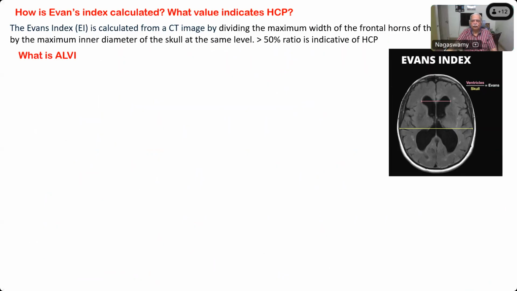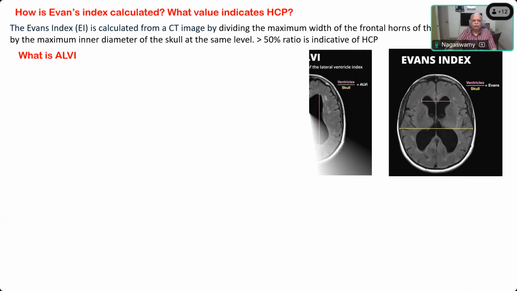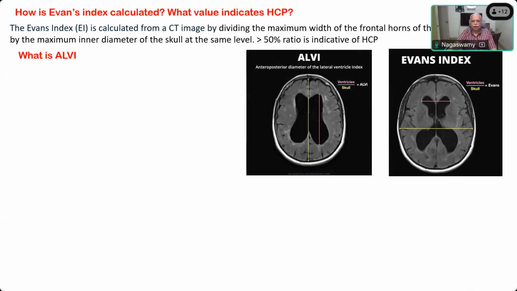Anybody who can say the expansion for alveoli? Right. This is called the anteroposterior diameter of the lateral ventricle index. That is the acronym for alveoli.